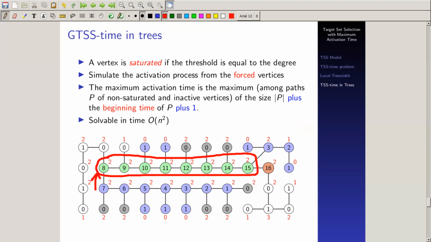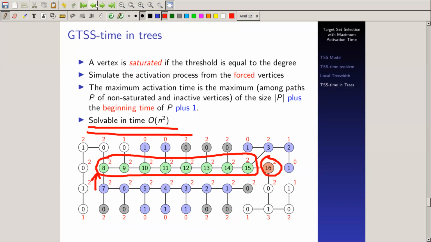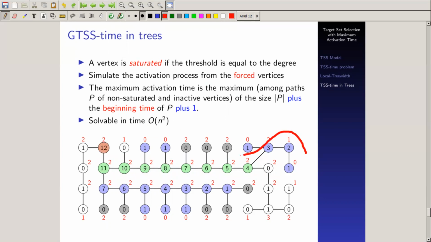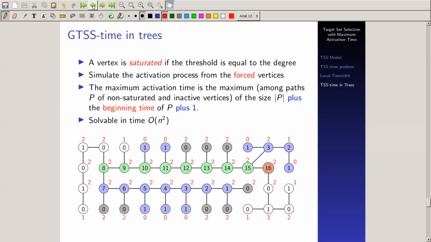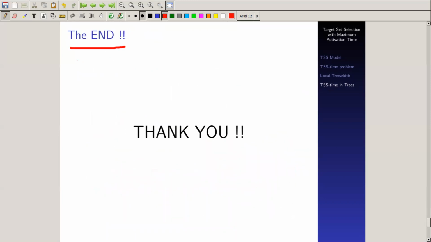So we have 7 plus 8, 15, plus 1, 16. 16 is the maximum activation time of this graph. We prove that it is solvable in O of n squared time. And we have another example here. We could have it in another direction, but the activation time is smaller. Okay, that's it. Thank you very much.